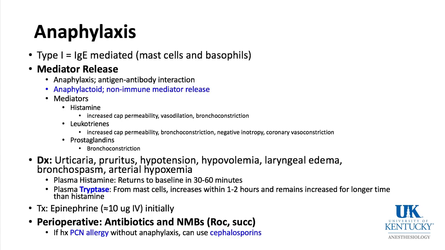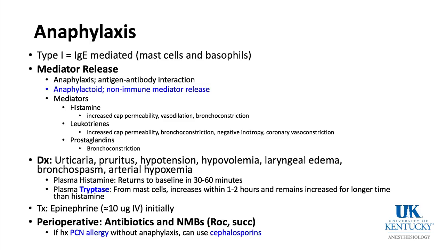Next keyword is anaphylaxis. Type 1 anaphylactic reaction, IgE mediated. If you have lots of IgE that attaches to mast cells and basophils, they release the stuff that's inside and cause all the things that we think of associated with anaphylaxis, like bronchoconstriction and wheezing, hypotension from vasodilation, and increased capillary permeability and tissue edema.